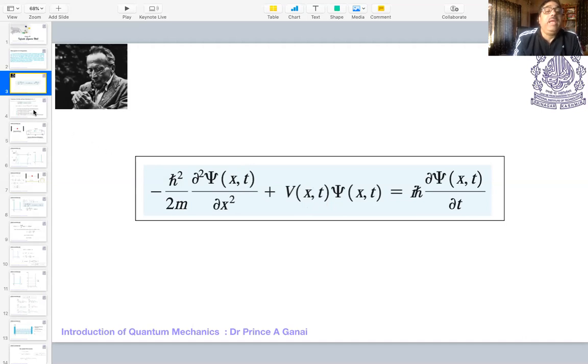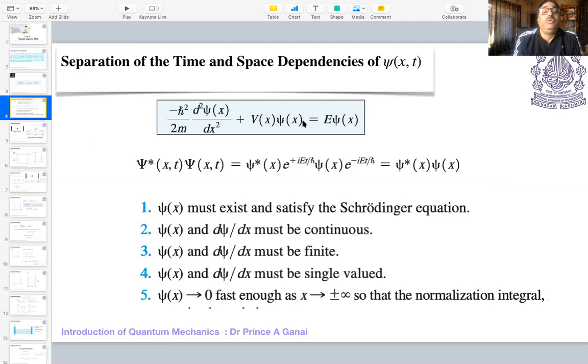Then we came up with the equation we should solve in the time independent case of potential. Whenever the potential is time independent, we solve the time independent Schrodinger equation, and then the final solution with time dependence will just multiply with the phase factor e to the power minus iEt by h bar. So psi(x) e to the power minus iEt by h bar represents the final solution.